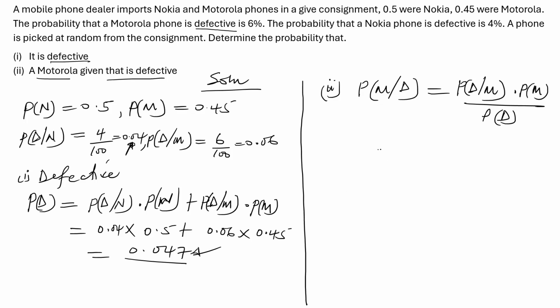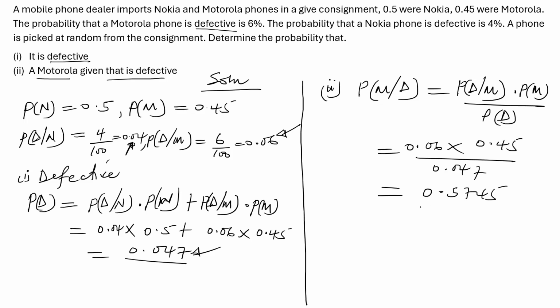So we are going to substitute in defective given Motorola is actually this value. So I'm going to have 0.06 times probability of Motorola 0.45 divided by this answer here, 0.047. That gives us 0.5745. So you try that in the calculator.